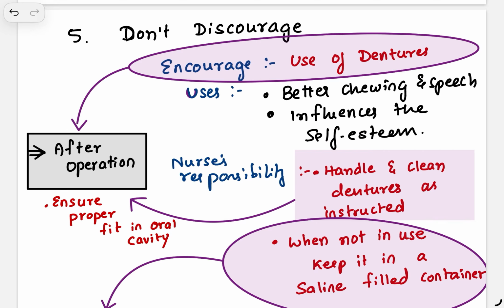It is the highest, topmost thing in Maslow's hierarchy, isn't it? First, at the base, the physiological needs must be fulfilled, isn't it? At the top is self-esteem. Clear? So in order to fulfill the self-esteem, we are using the dentures.